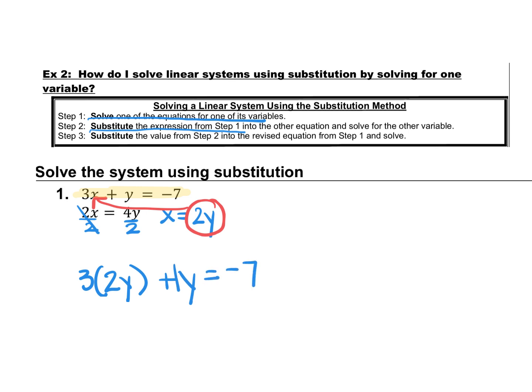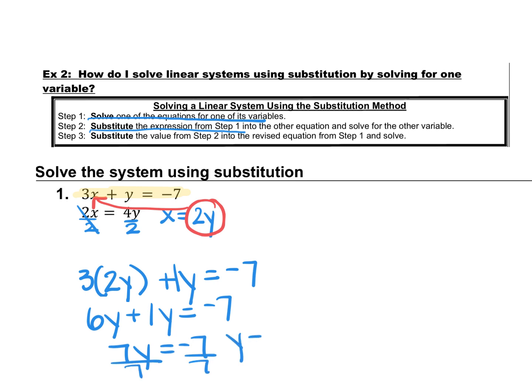All right, so 3 times 2 is 6, and then we're going to have the y, plus 1y is equal to negative 7. All right, so we can simplify. 6 plus 1 is 7, so we have 7y is equal to negative 7. And then to get that y all by itself, we're going to divide, and y is equal to negative 1. So we've got one of the values.